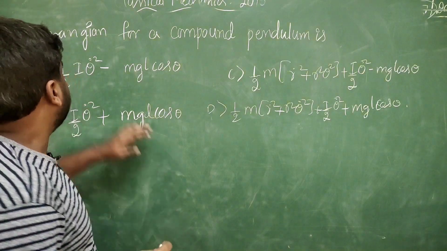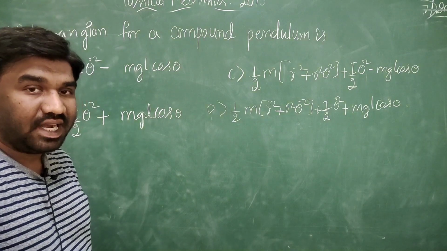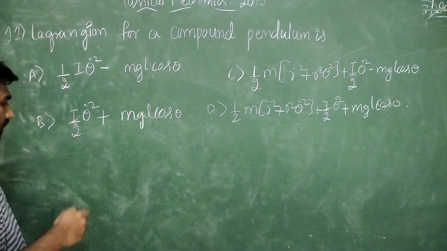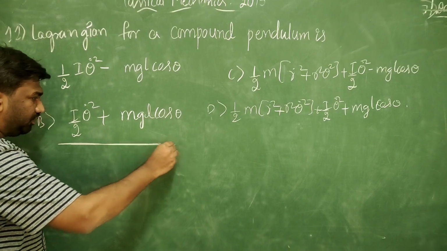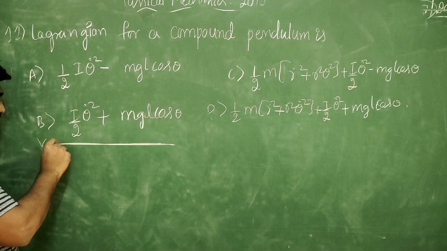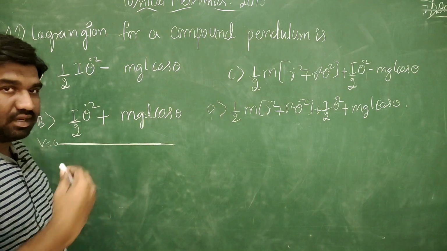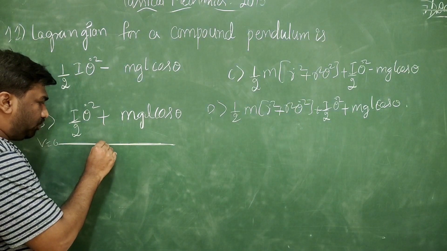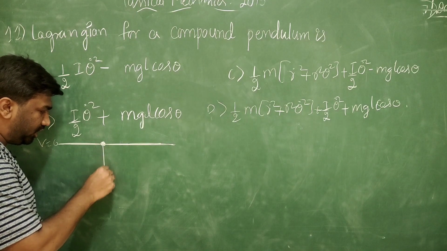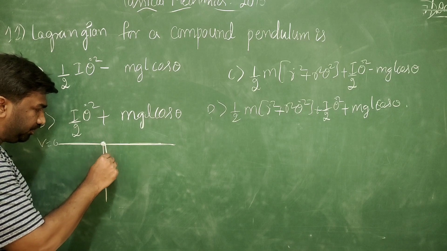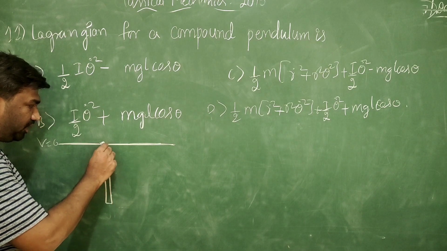So this is the question: the Lagrangian for a compound pendulum is. So we have to calculate the Lagrangian for a compound pendulum. So, for example, let us consider there is a reference axis where potential is equal to 0. Upside the potential is positive, in the downside let us consider potential is negative. So from the point at the origin O, there is a pendulum, a solid, rigid pendulum.